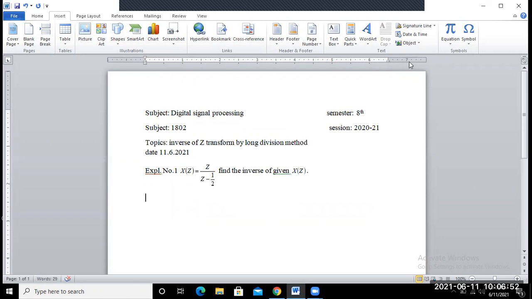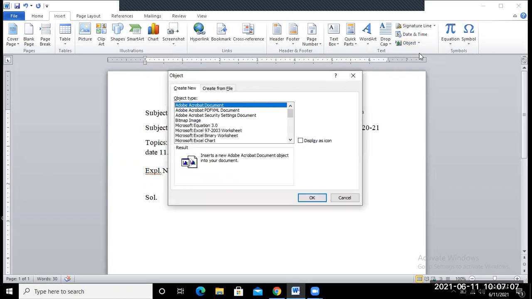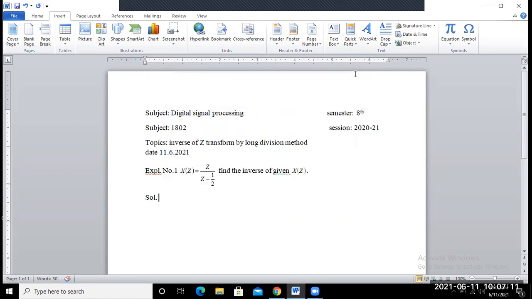So we divide z by z minus 0.5 and try to solve this, writing it in this form: z minus 0.5 dividing z.